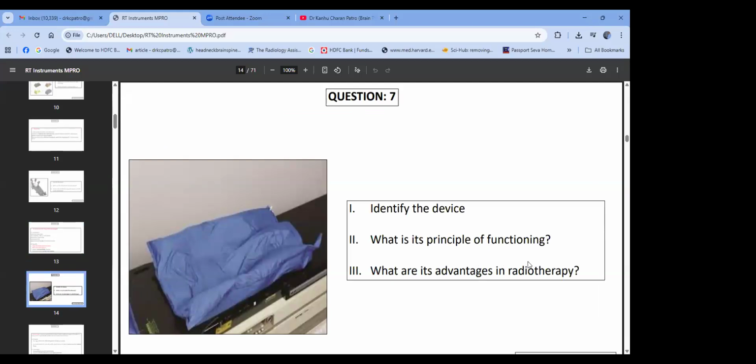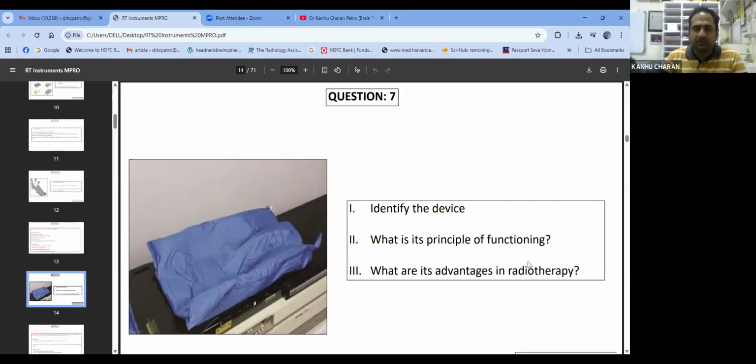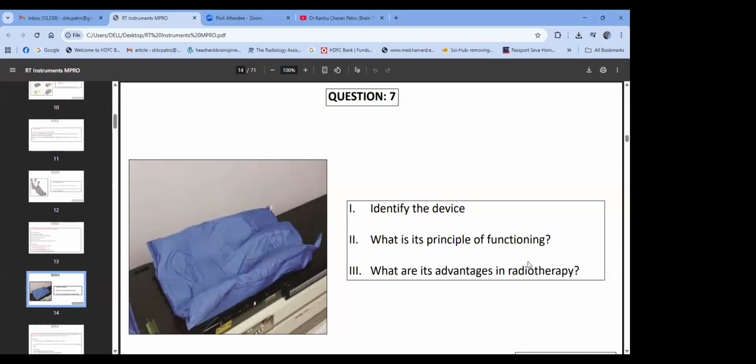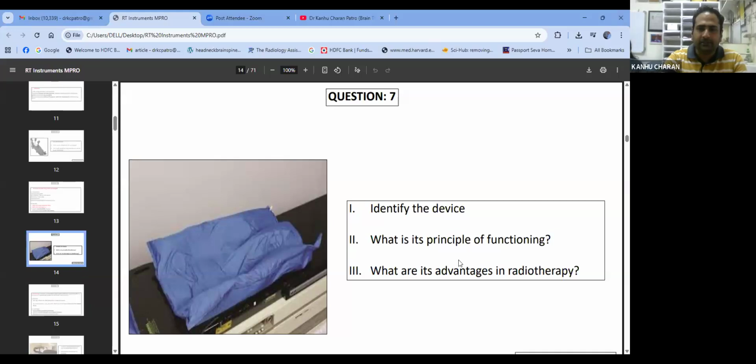Which cancers? Pelvic cases, extremities, or even thoracic, and like I said, breast immobilization when you're using a VMAT or IMRT technique. SBRT. Yes, sir, SBRT.